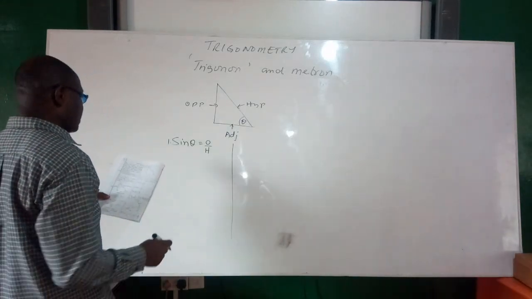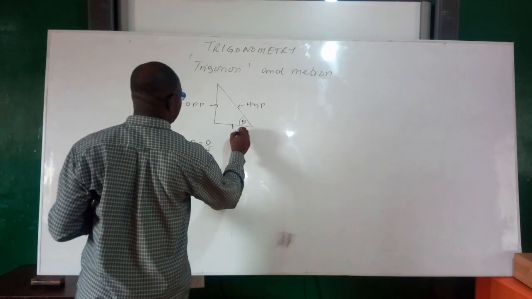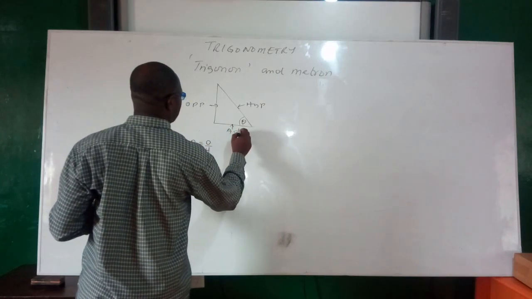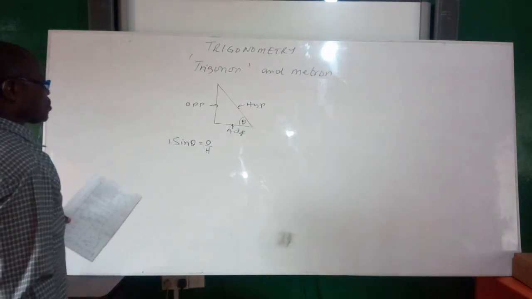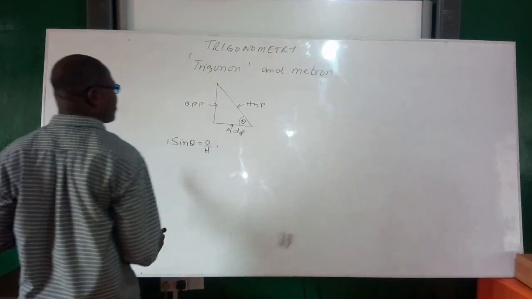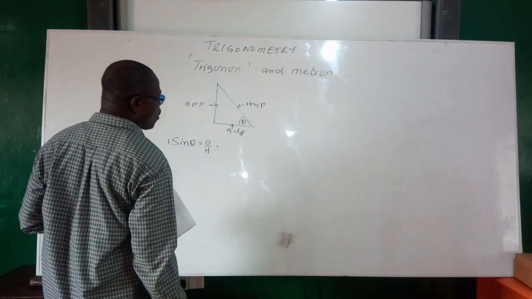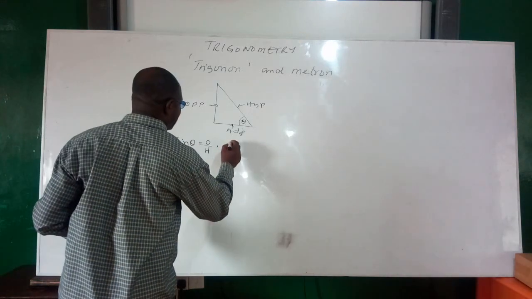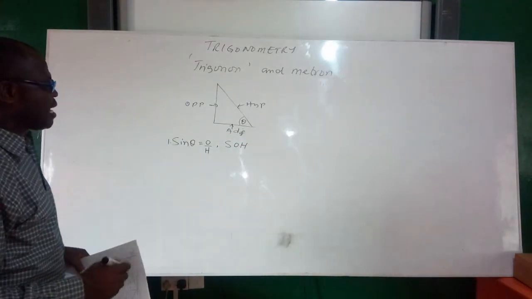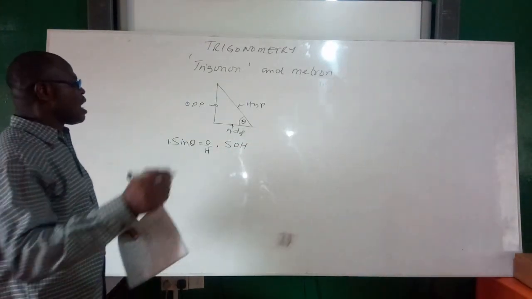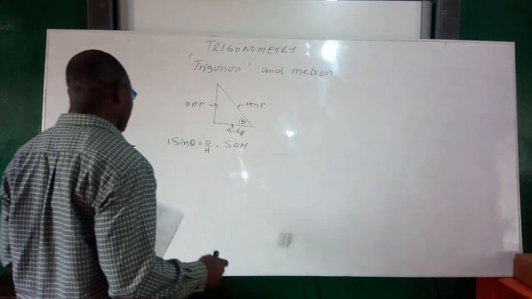So sine is opposite over hypotenuse. When we take the first letter of sine theta, it is S, so for the definition of sine theta, we write SOH. Later, we'll come back and put them together to form a very nice acronym, so that anytime we want to memorize or recall, we will be able to do that.